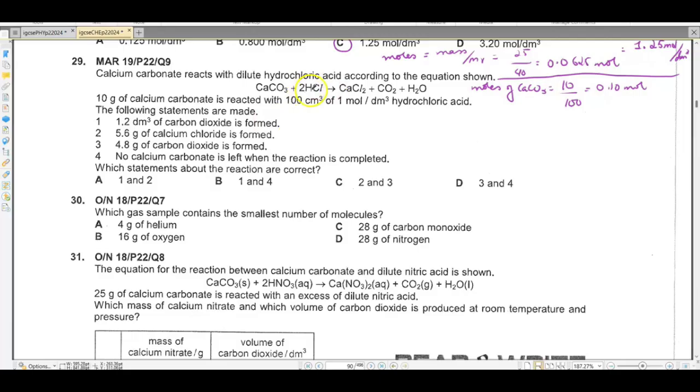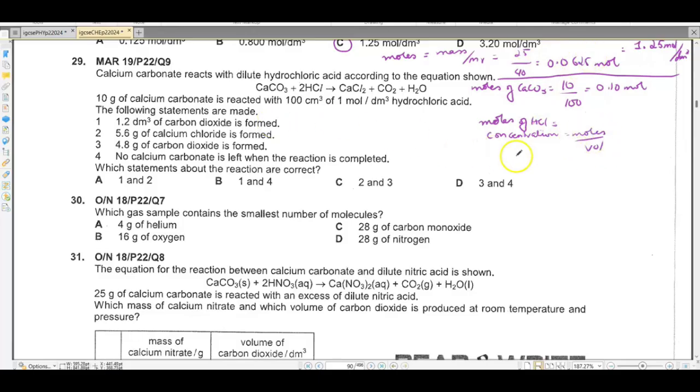Achha, we will do that in the next step. We are going to find the moles of HCl as well, because we've been given the concentration and the volume. Concentration is equal to moles by volume.